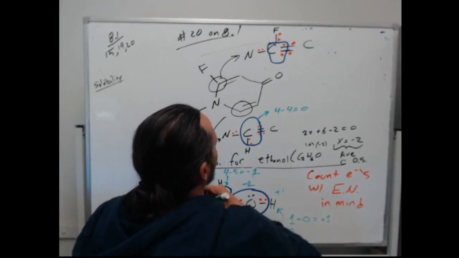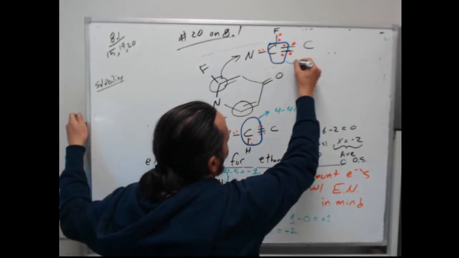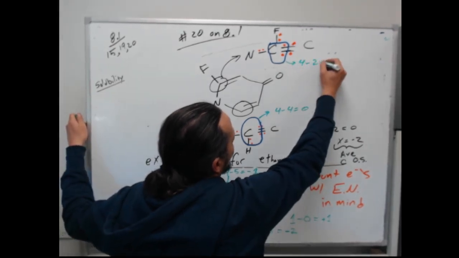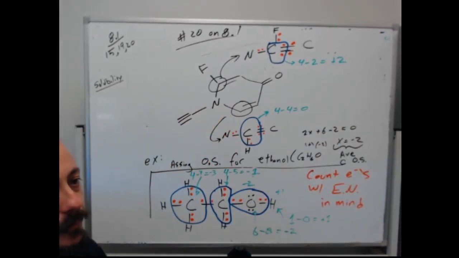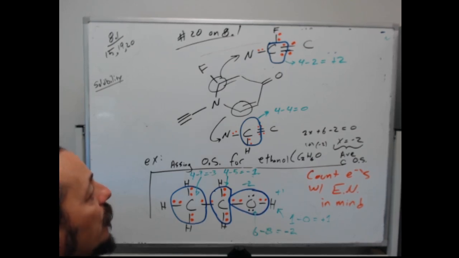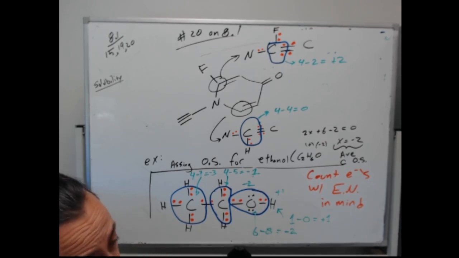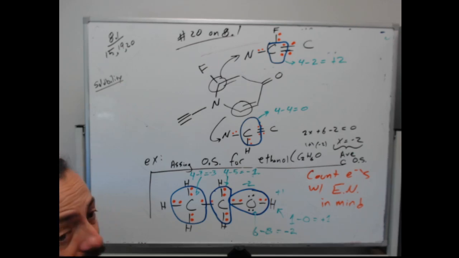We're going to end up with a situation where carbon starts with 4, ends up with 2. That's going to be a +2 oxidation state. Makes sense because it's got fluorine and nitrogen both attached. Those are both more electronegative than it, so they both change that oxidation state, increasing the oxidation state of carbon by getting rid of those 2 electrons.